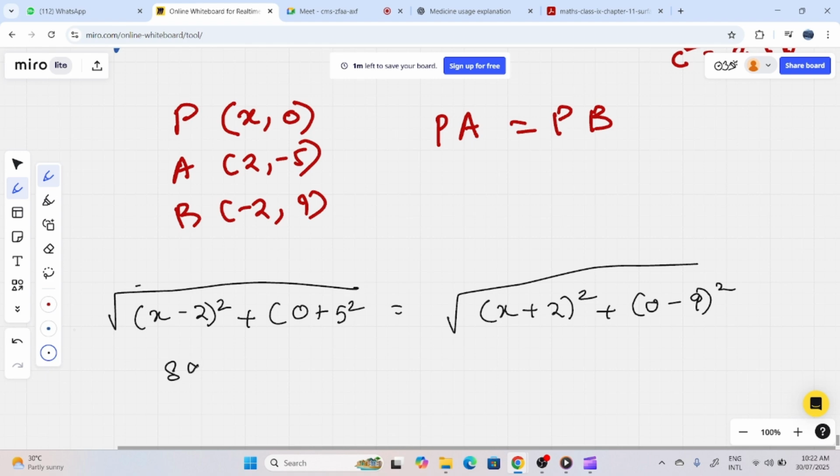You will write for this, squaring both sides, then these two will get cut.